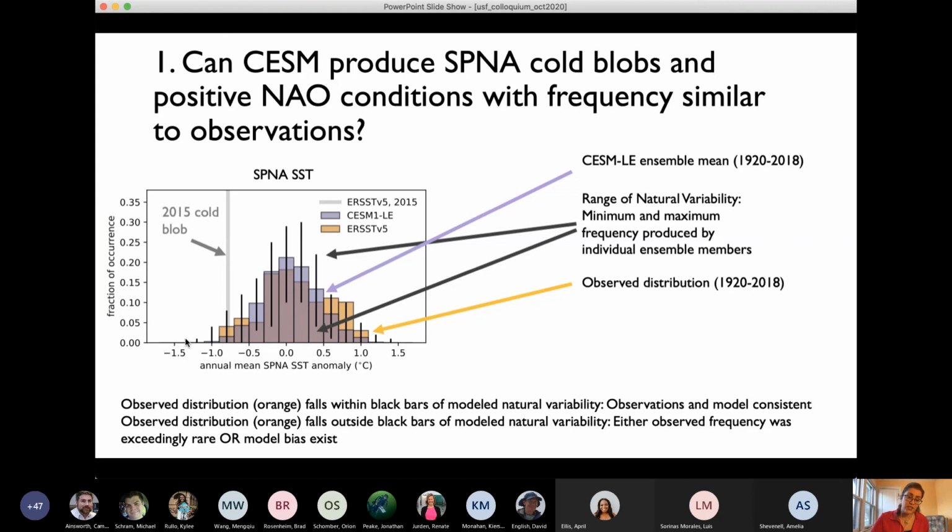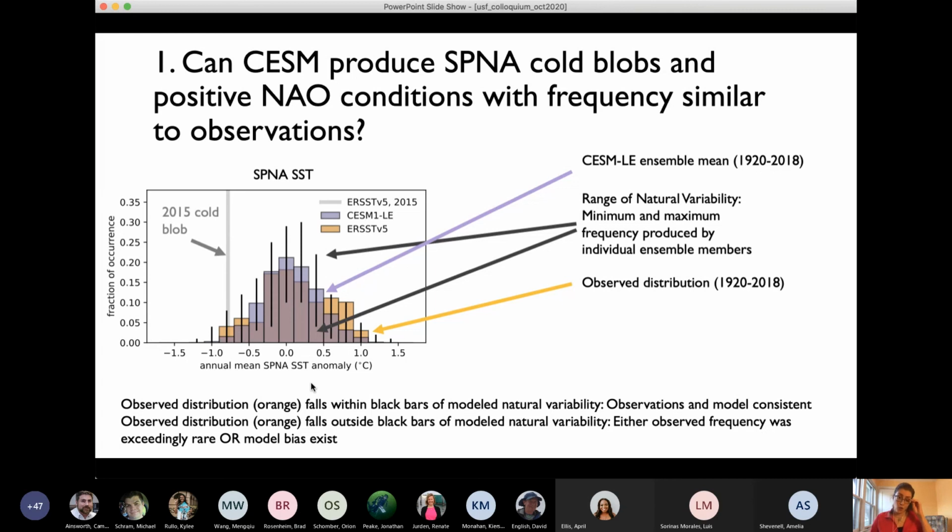If the orange histogram, the observed, falls within those bars, then all we can say is that, to the best of our ability, the observations and the model are consistent. We cannot tell anything from this one view that they are different. If the orange falls outside our range of natural variability, then there's two possibilities.